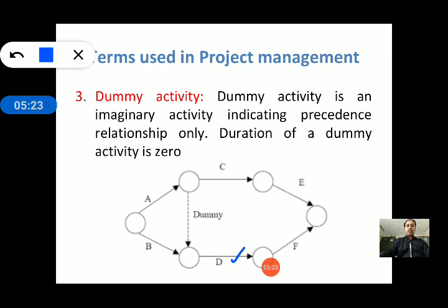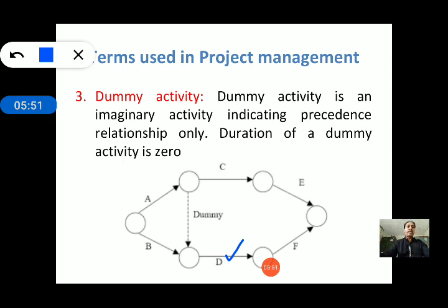Again, as and when a dummy activity is required: suppose the statement is that activity D can only be started when activities A and B are finished. So before starting activity D, activities A and B must be finished.